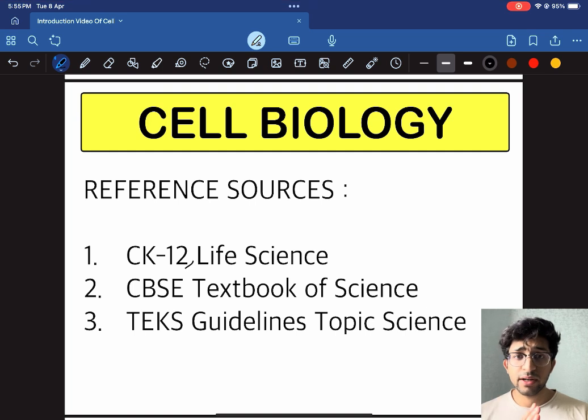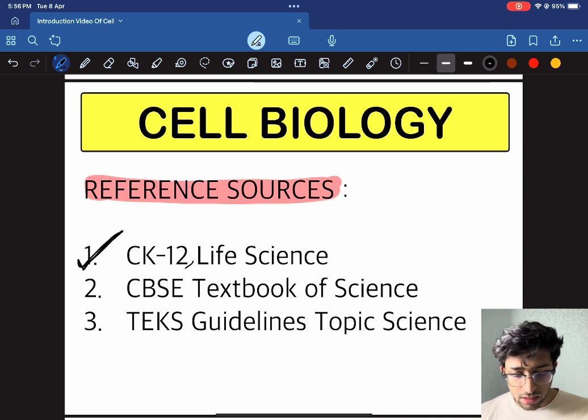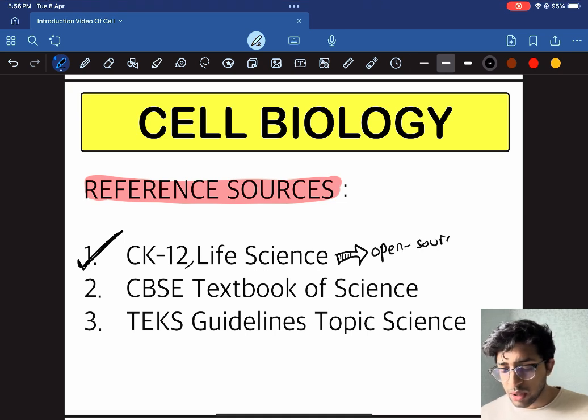Before starting the cell biology topic, I want you to know the reference sources from which I took all these topics and information. The first is the CK12 Life Science, an open source which can be found mostly in the US curriculum, CK12 books.